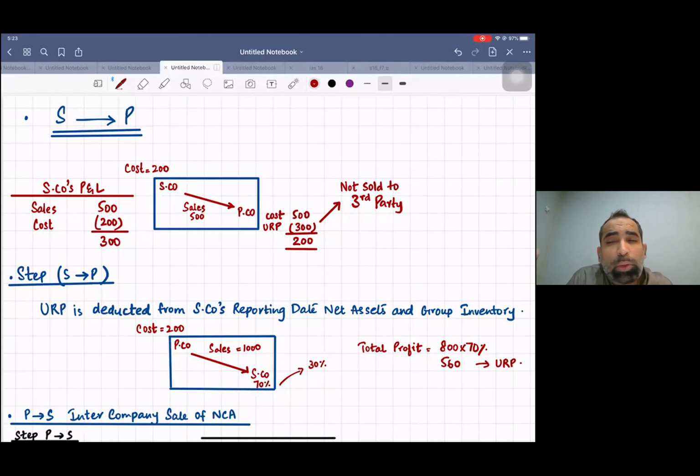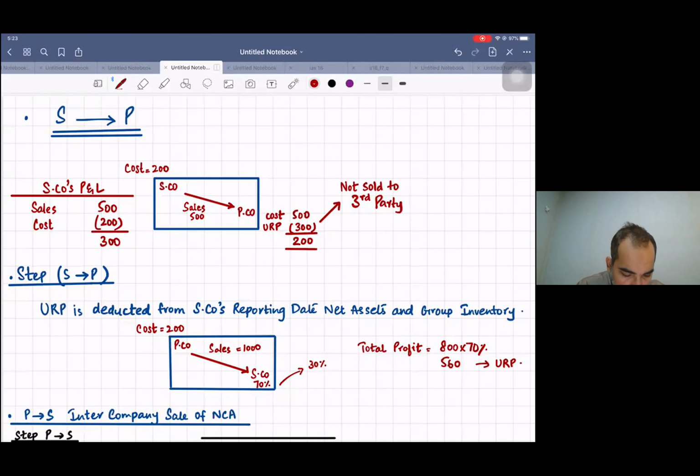Now the student will say, sir, yes, we need to remove URP from S company's post retained earning. Yes, that's right. But as I told you five minutes ago, whatever you need to deduct from S company's post retained earning, just deduct the same from S company's reporting date net asset packet. You will get the same effect.